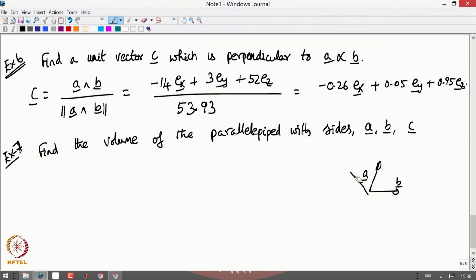So, C is a vector like that. Okay. So, I am interested in finding the volume of the parallelepiped.